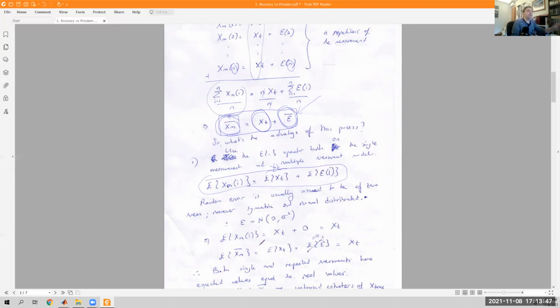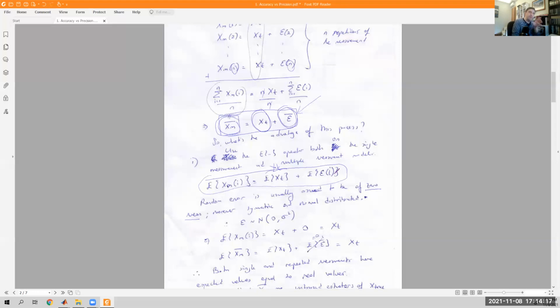Now here's the question: what's the expected value of the random error term? Well, we haven't yet come to a clear, concrete model of random error. Let's come up with that right now. Random error is usually assumed to be of zero mean, and the reasoning is the nature of random error.